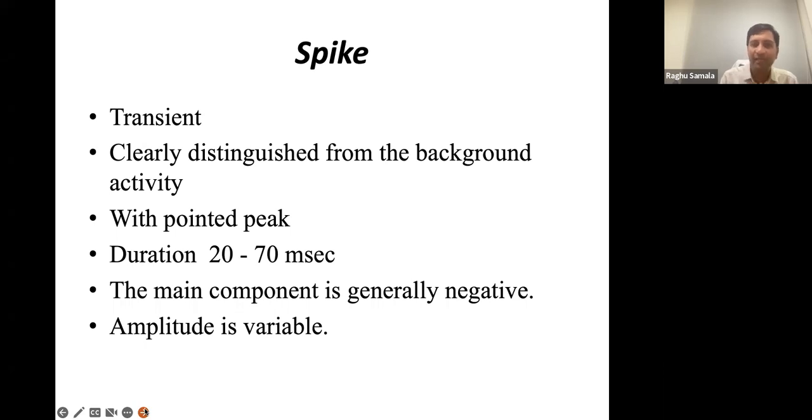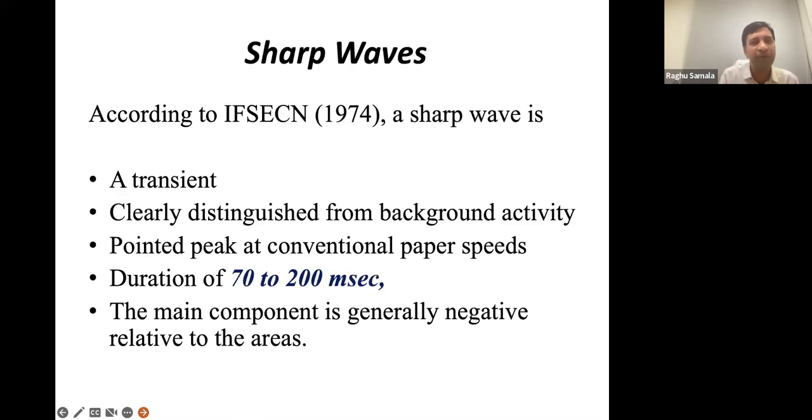We'll talk about the main component, what is negative and positive. So what is a spike? It has to be transient. It has to be clearly distinguished from the background activity with a pointed peak. The duration is 20 to 70 milliseconds. Amplitude can be variable. Whereas a sharp wave is also the same. It is a transient, clearly distinguished from the background activity.